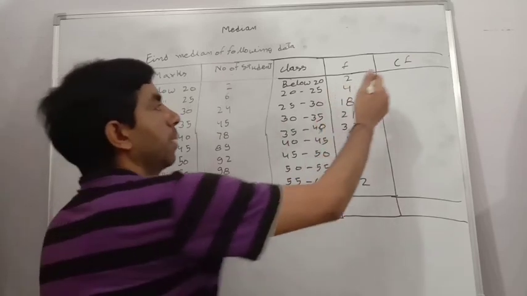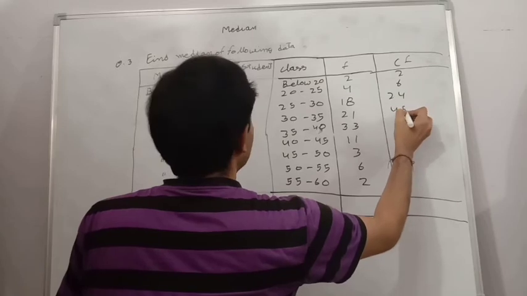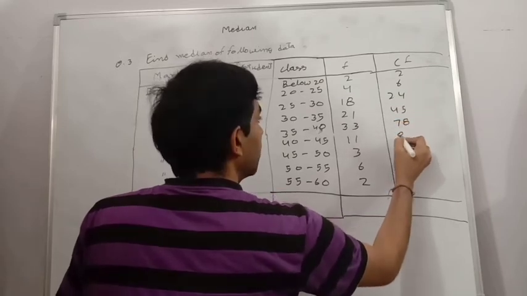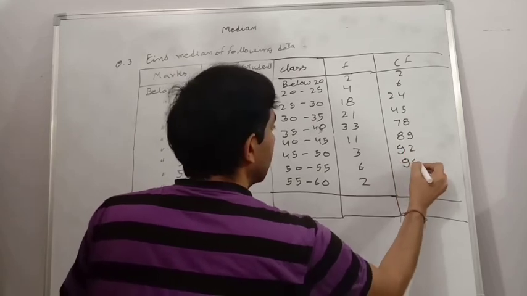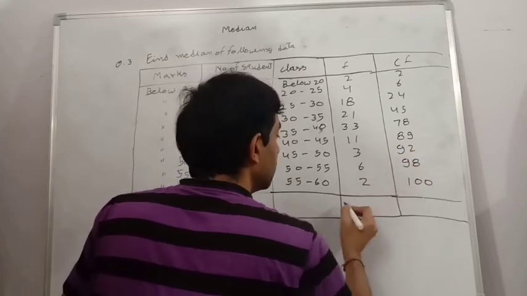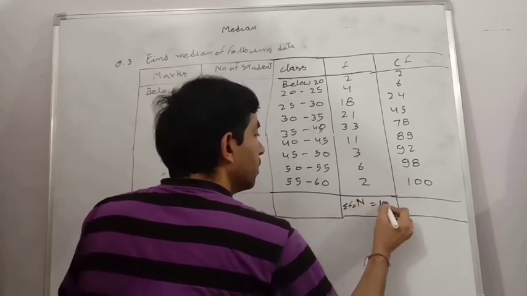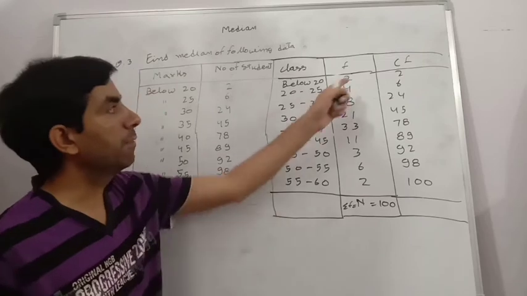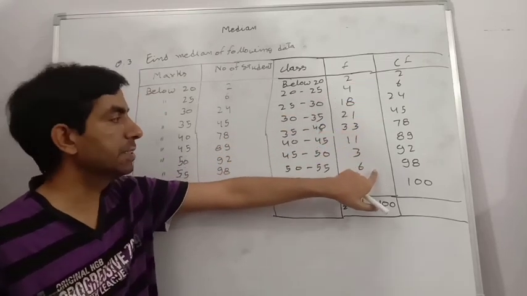So write cumulative frequency 2, 6, 24, 45, 78, 89, 92, 98 and 100. Here the frequencies are 2, 4, 18, 21, 33, 11, 3, 6, 2.